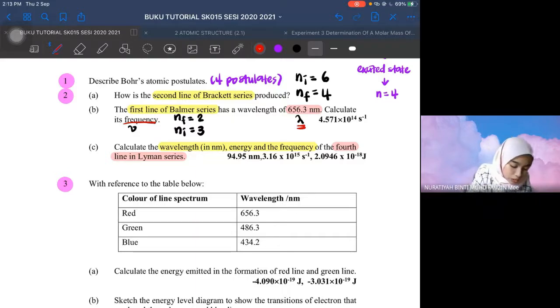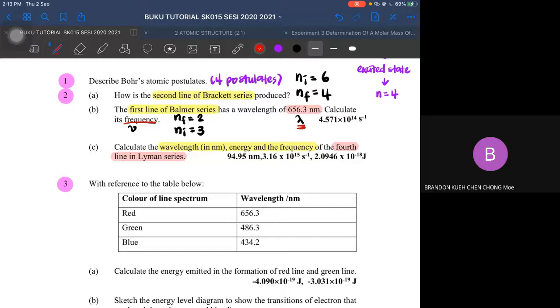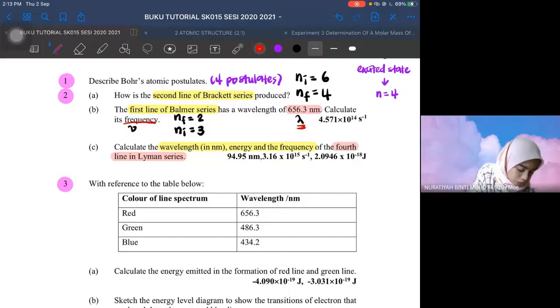Yes, lambda equals c over nu. So we rearrange to find the frequency: nu equals c over lambda.